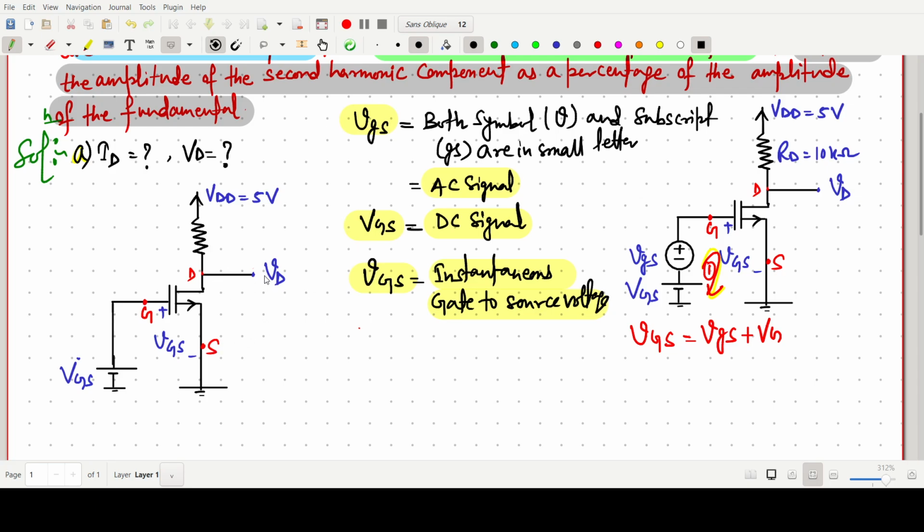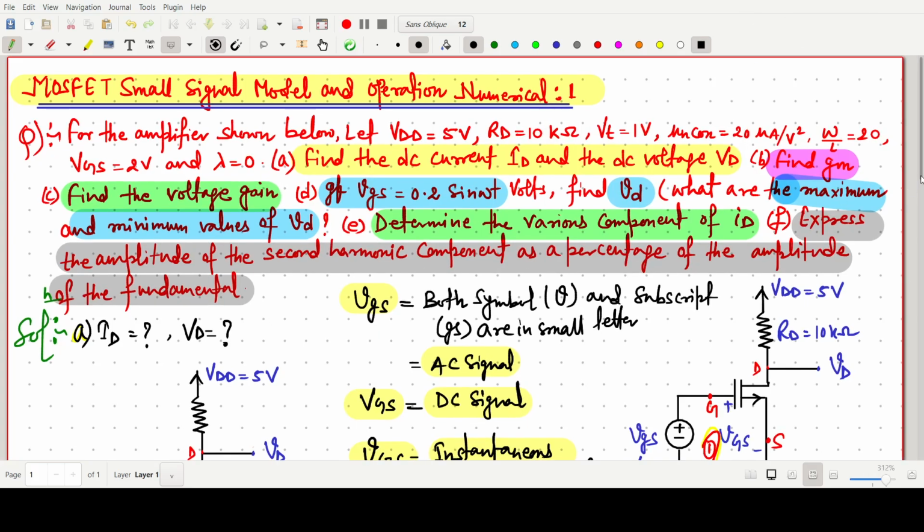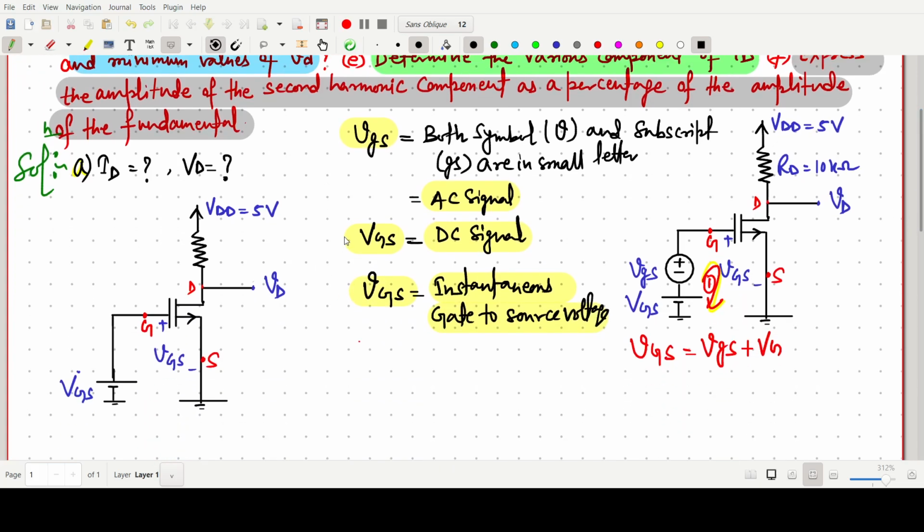Now this voltage is our DC drain voltage, we have to find the DC one. So this voltage we write as VD, and this RD value is known to us, that is 10 kilo ohm in the question. So this one is the DC circuit.